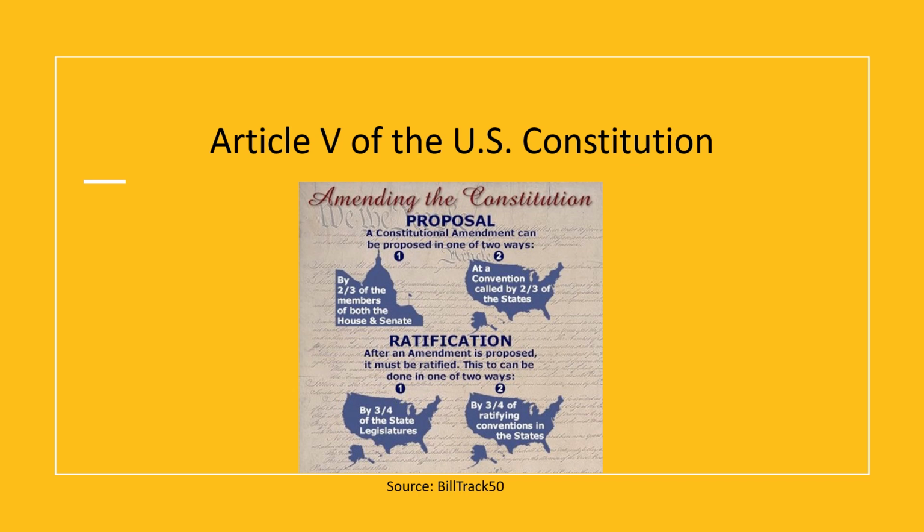Now we look at ratification of the U.S. Constitution. In order for an amendment to take effect, that amendment must be ratified. And interestingly, as you can see from the two maps at the bottom of the information graphic, the federal government plays no role in ratifying the U.S. Constitution. 3/4 of the state legislatures can vote to ratify an amendment to the Constitution, in which case the amendment takes effect.